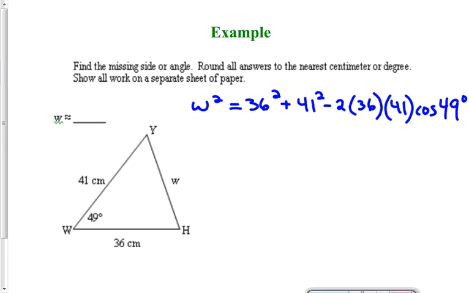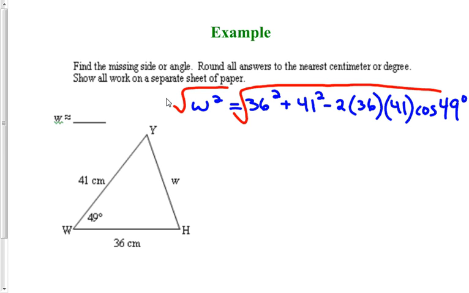So to solve for w here, we have to take the square root of both sides. There we go. Square root of w squared obviously is w, and now we can plug the rest of that into the calculator and find out our answer.